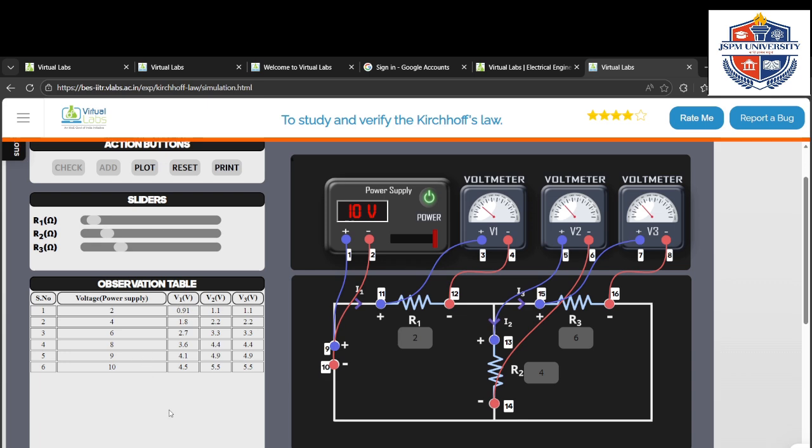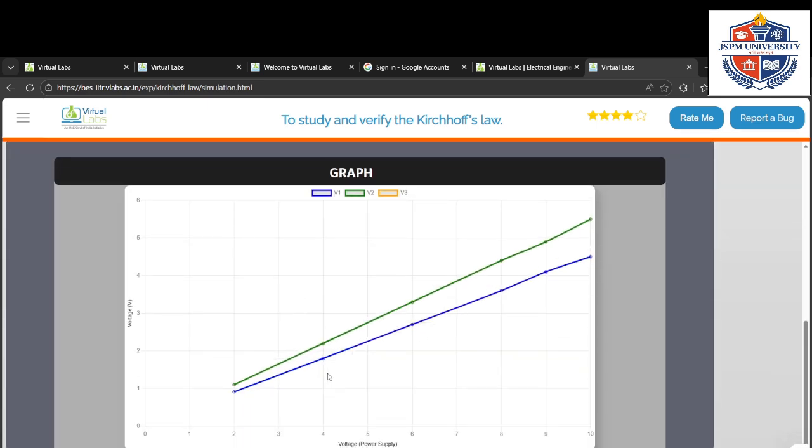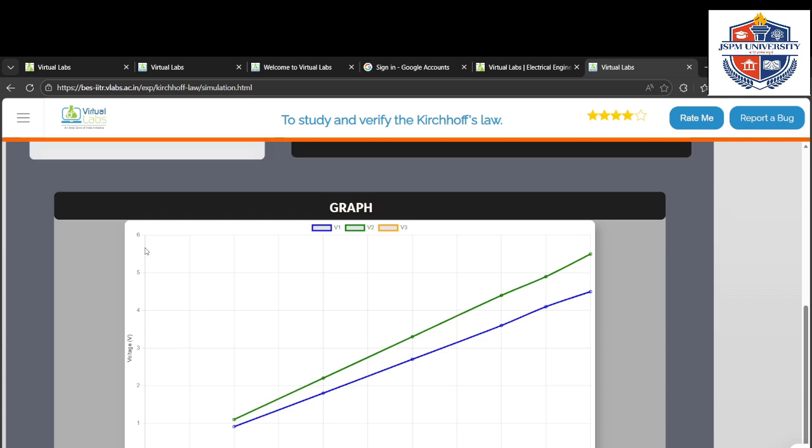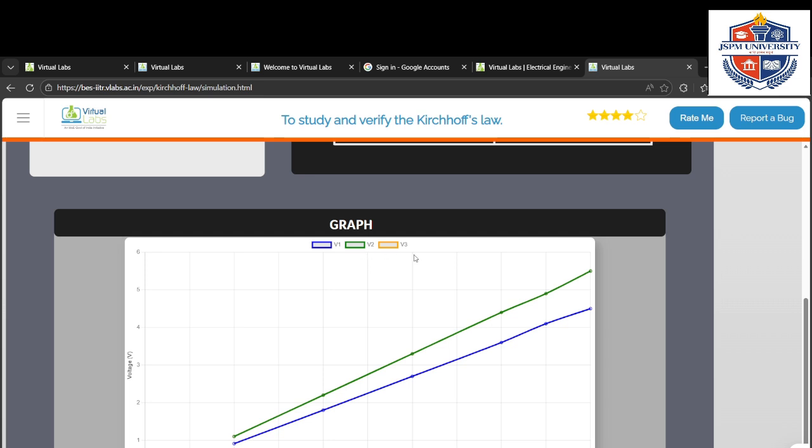Then finally we are going to plot the curve. For that we can click this plot. We can see the x-axis is the supply voltage and the y-axis is the voltages V1, V2, V3. V2 and V3 are the same, therefore the green and orange colors are on the same axis, V2, V3.